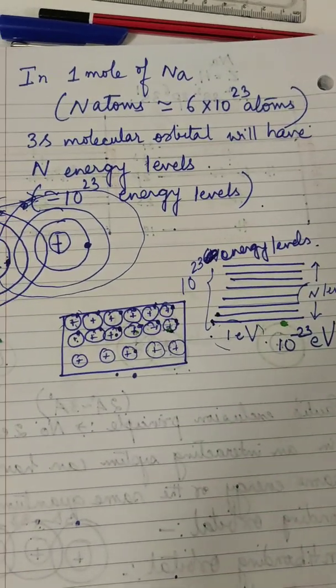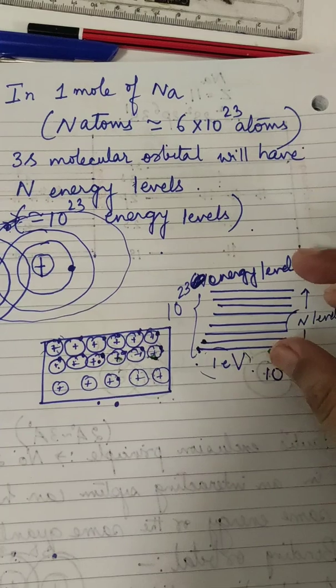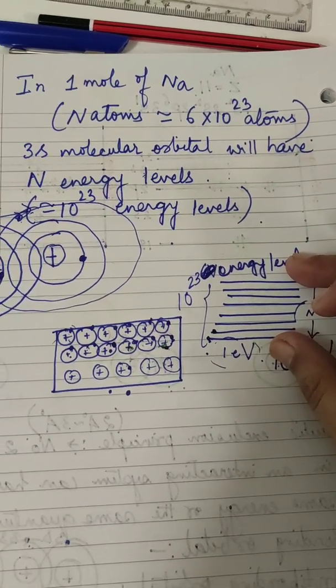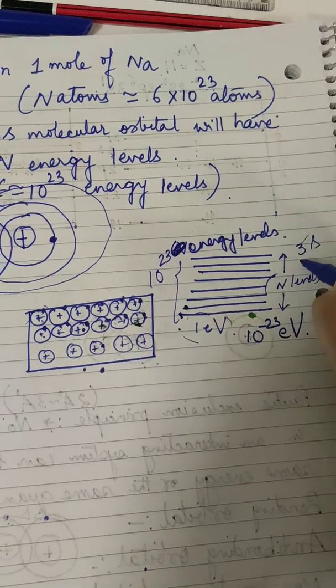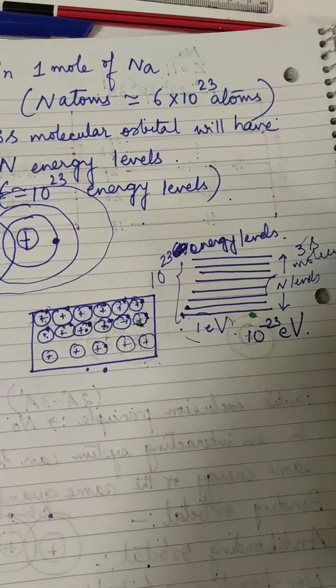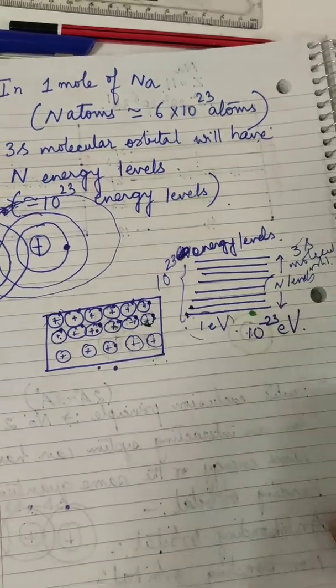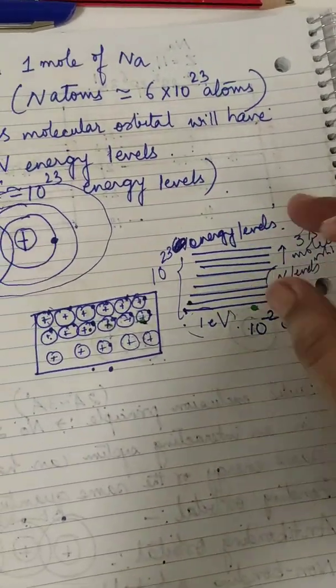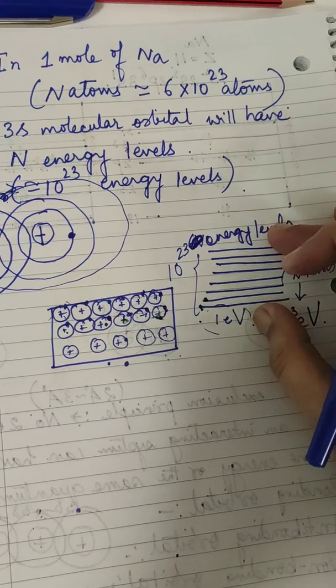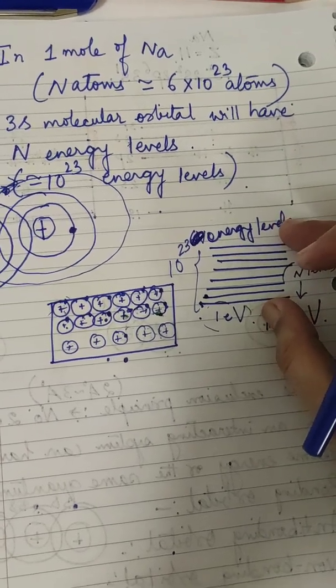What I'm trying to say here is that the gap between the energy levels is too small for one molecular orbital. It is no longer a molecular orbital now. It's known as an energy band. It's an energy continuum. Why is it an energy continuum?